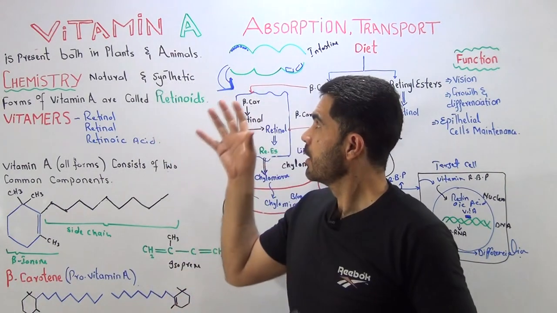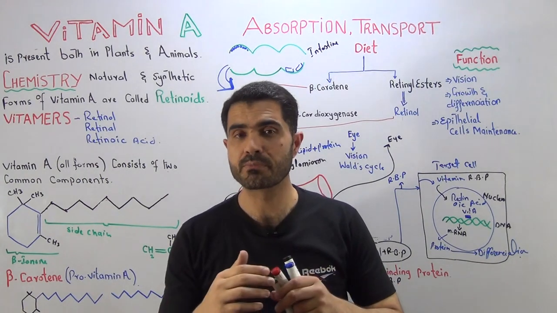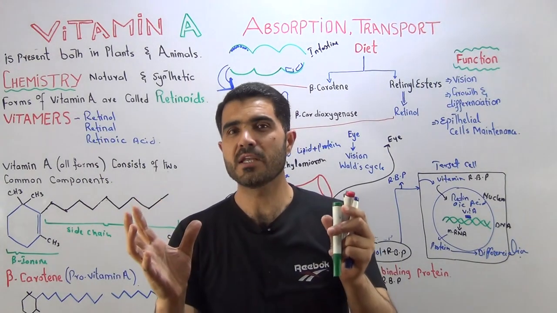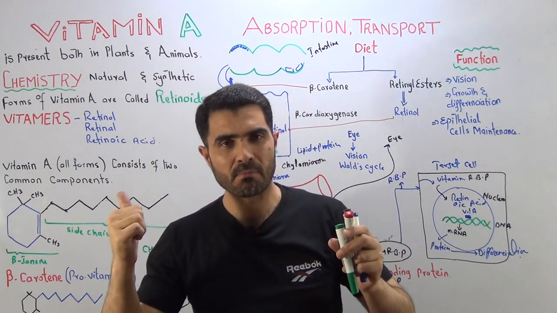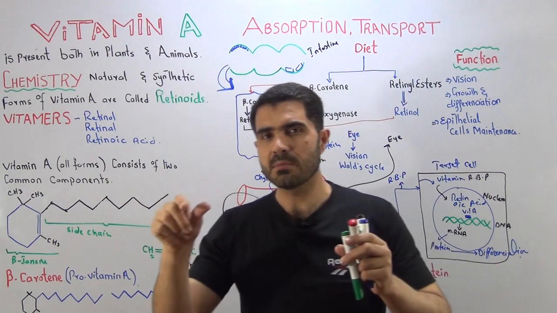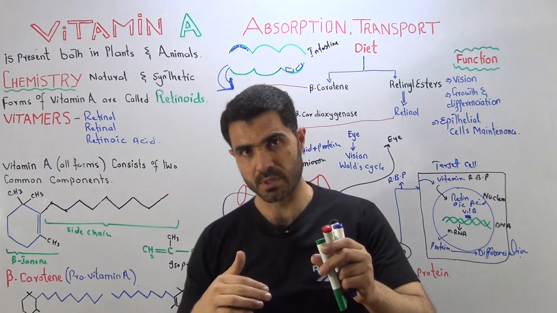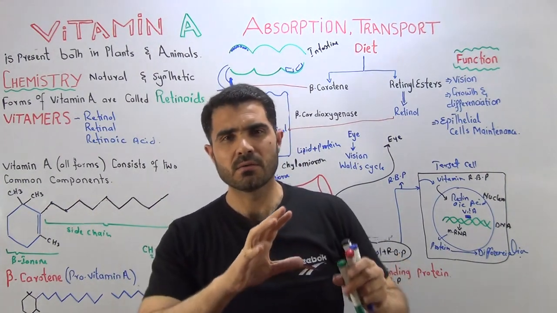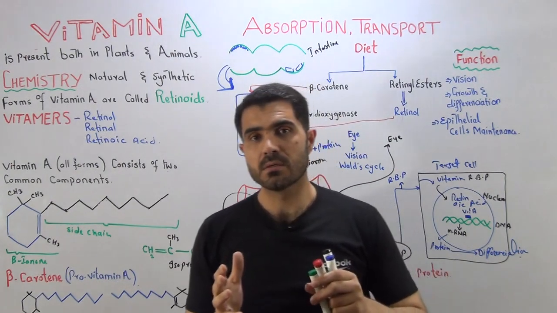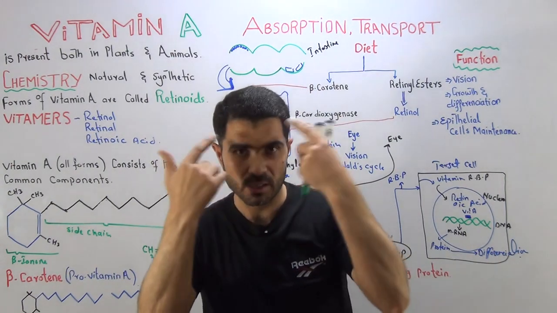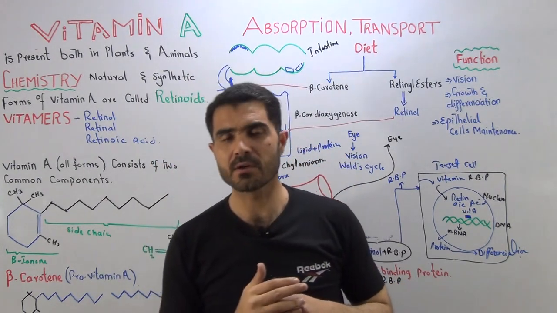In today's video we will be teaching you the chemistry of vitamin A, different structures of vitamin A, how vitamin A is absorbed and how it is transported, plus the rough function of vitamin A. Its main function in the vision, the visual cycle, will be discussed in the next lecture.